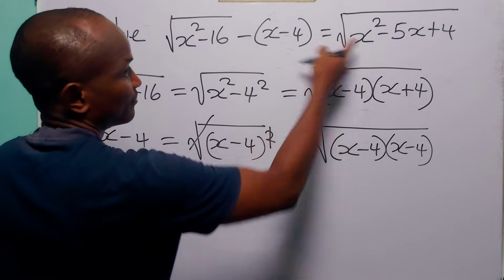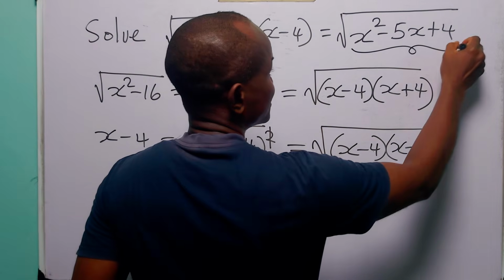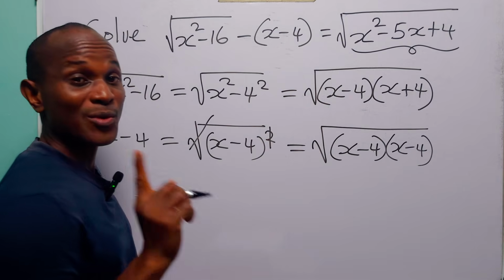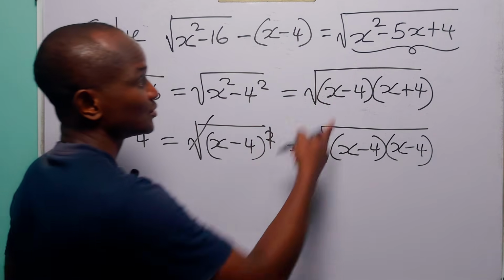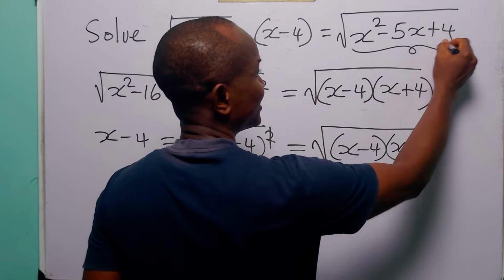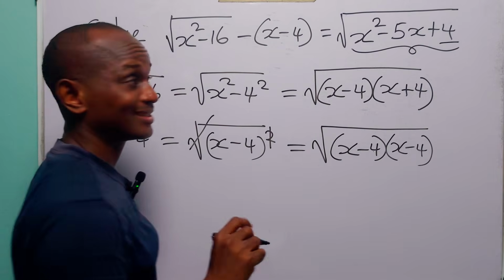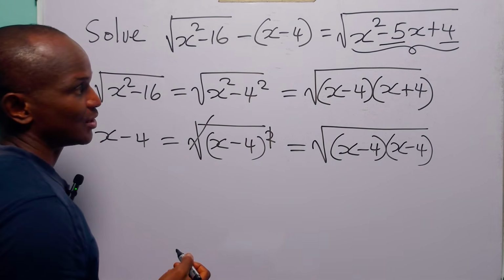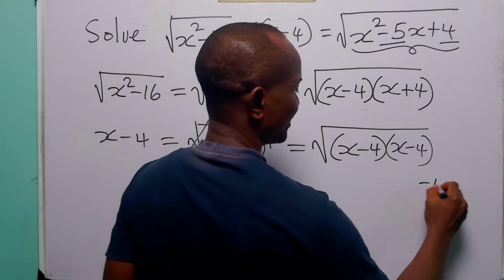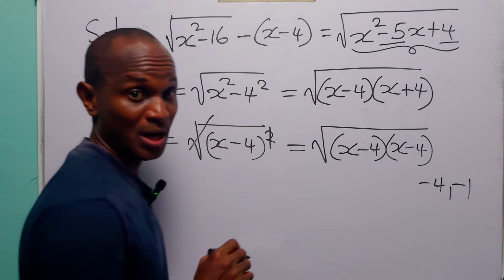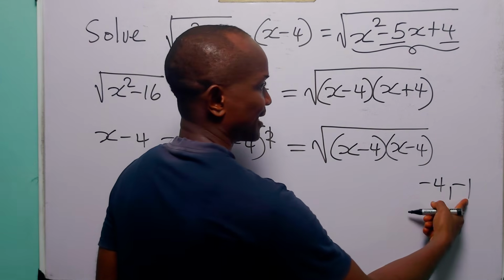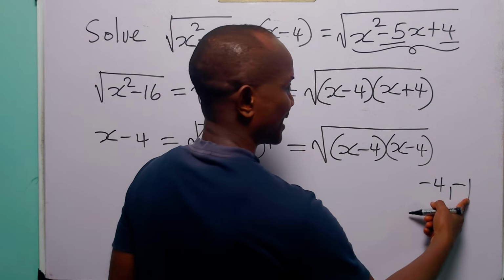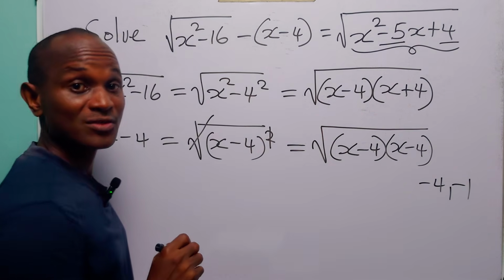And of course here, let us factorize this quadratic expression. Now since the coefficient of x squared is 1, all we need to do to factorize this is to find the factors of 4 that add up to minus 5. And of course, those are going to be minus 4 and minus 1, because minus 4 times minus 1 is going to give us plus 4, while minus 4 minus 1 is going to give us minus 5.